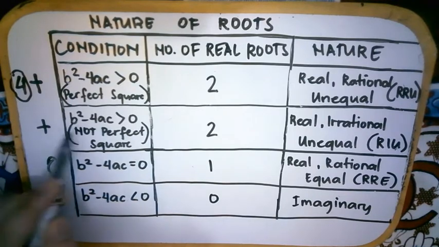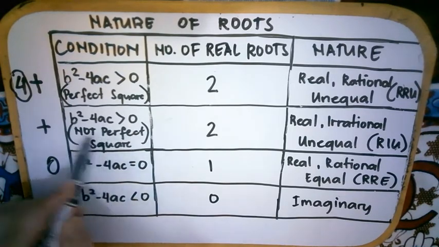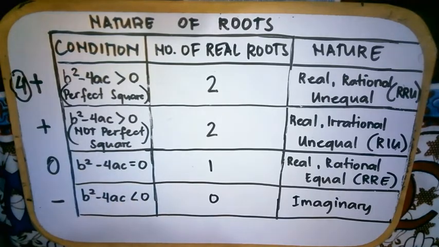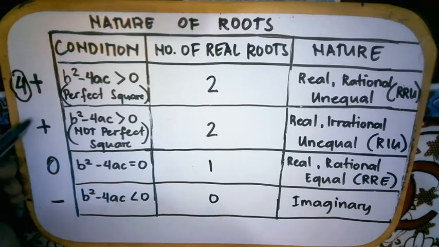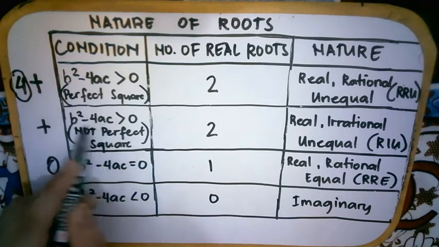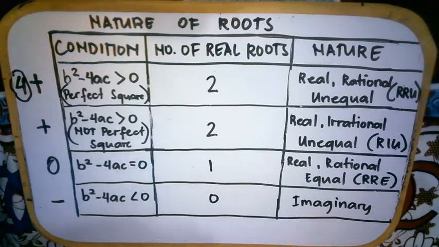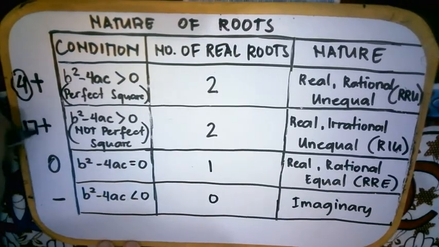Ang kasunod naman ay b squared minus 4ac greater than 0, not perfect square. Or in short, ano ang magiging nature ng root kapag ang given ay positive number and then hindi siya perfect square? Again, for example, nag-solve tayo ng discriminant, itong b squared minus 4ac, and then ang lumabas ay 17.